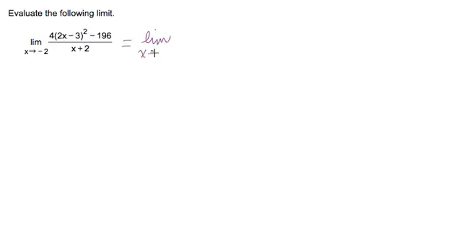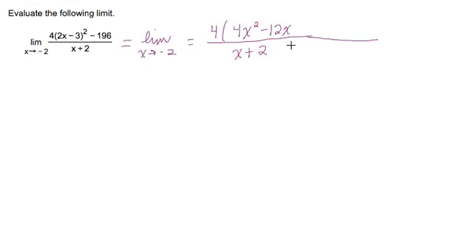I would start by just working with that numerator, trying to expand it a little bit and FOIL it out, basically. So let's see, if we FOIL out 2x minus 3 all squared, we're going to get 4x squared. 2x times -3 is -6x, so my outside and inside terms are both -6x, so they're going to add to -12x. -3 times -3 is +9, and then a minus 196.